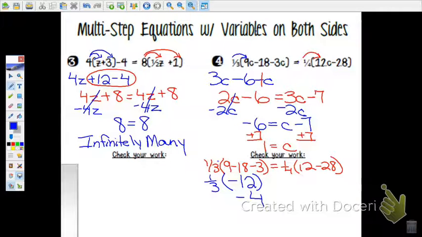On the right-hand side, 12 minus 28 is negative 16 times 1/4. So negative 16 divided by 4 is negative 4. Same thing on both sides of the equal sign, so it checks.